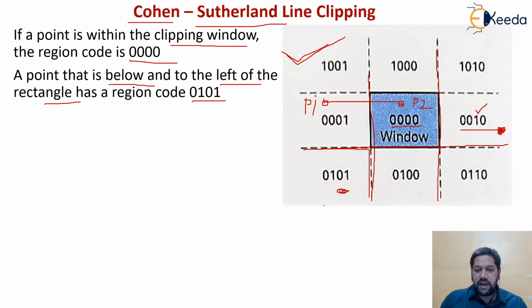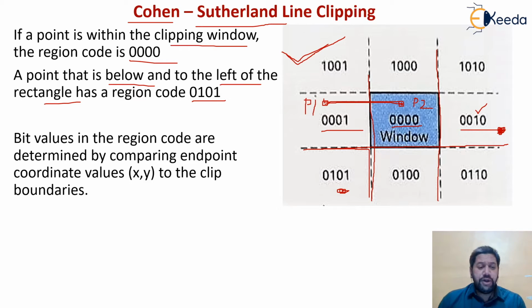This is my line P1 to P2. So what is the P1 code? The P1 endpoint code will be 0001. What is the P2 code? 0000. That we have to find out. Okay, let us continue our discussion.